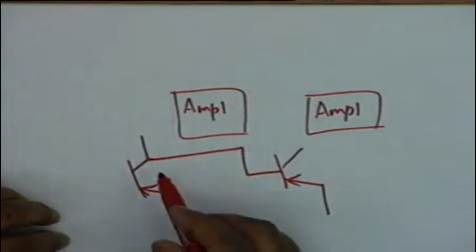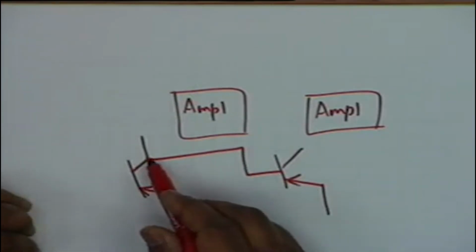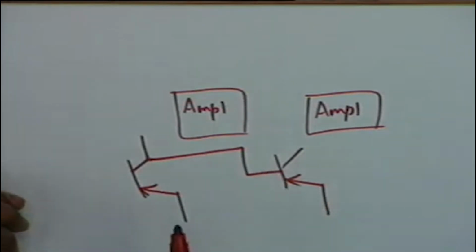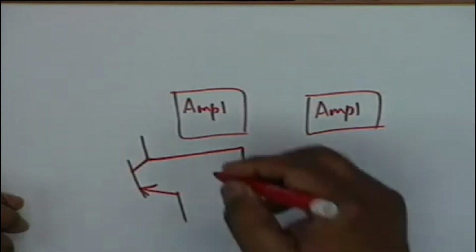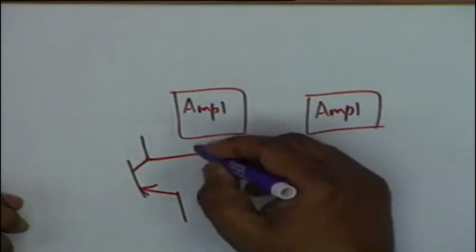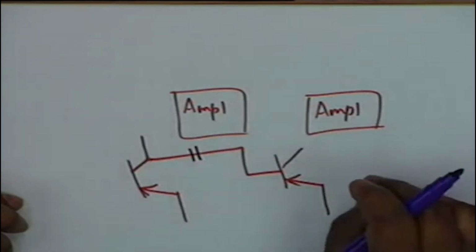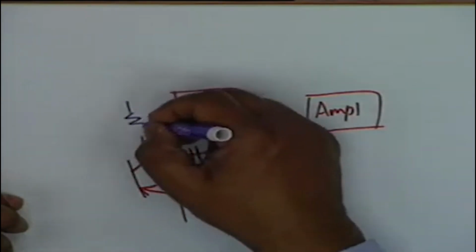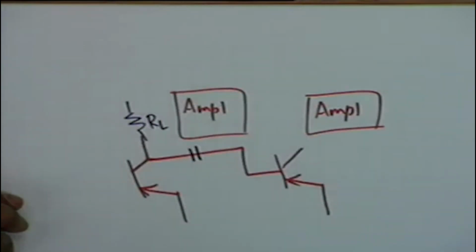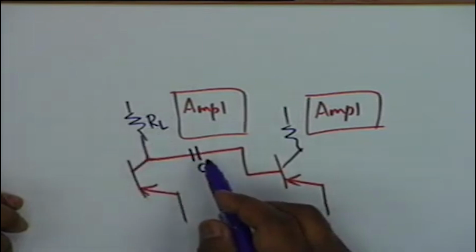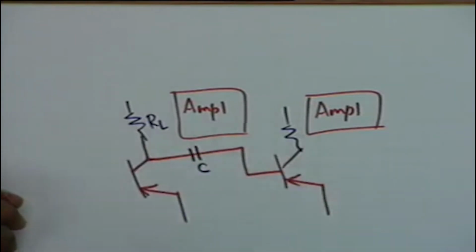Well, the problem is that this would be at a high voltage, VCE. If you connect this to the base, then the base does not require that high voltage, and therefore DC coupling may introduce distortion. And what you have to do is to introduce a C here, a capacitor, so that DC is blocked but AC is passed. And there is a load here, RL. For every transistor there is a load, and therefore this coupling is called RC coupling, resistance capacitance coupling.